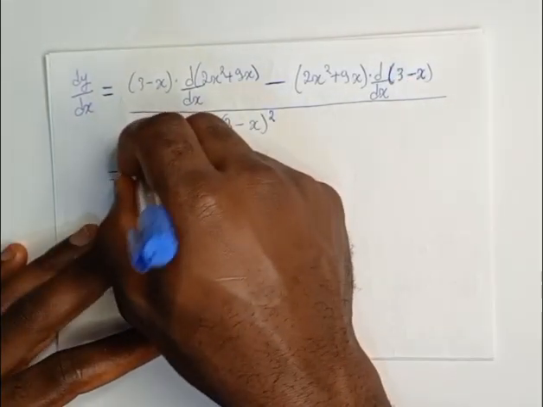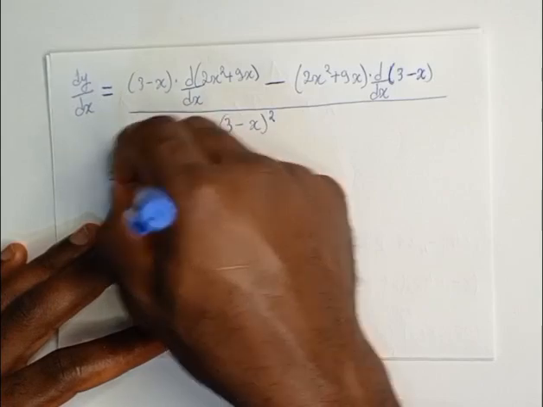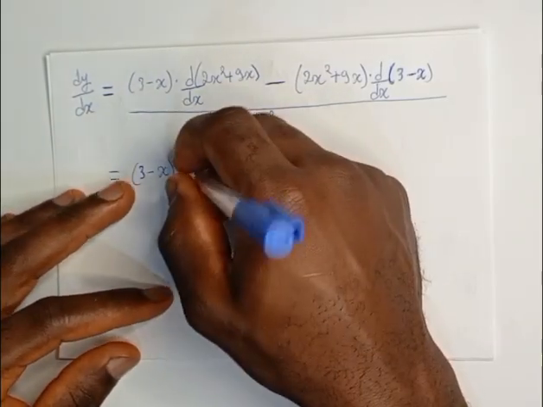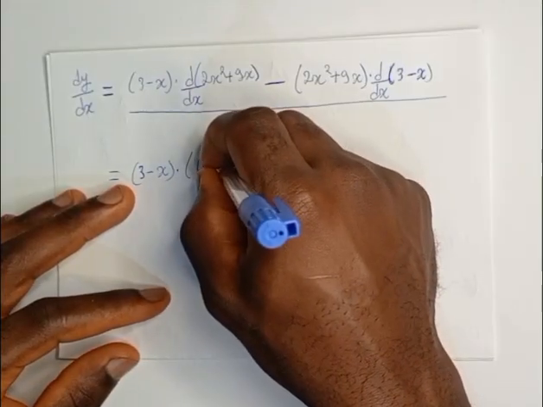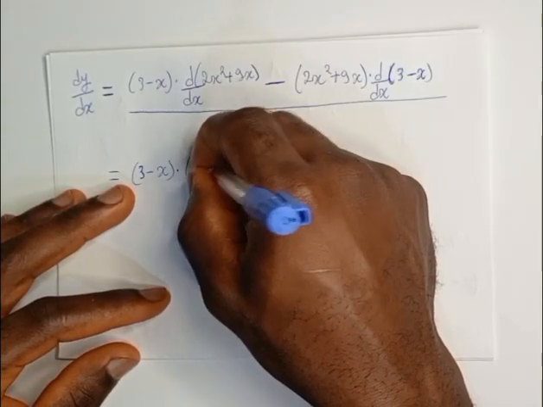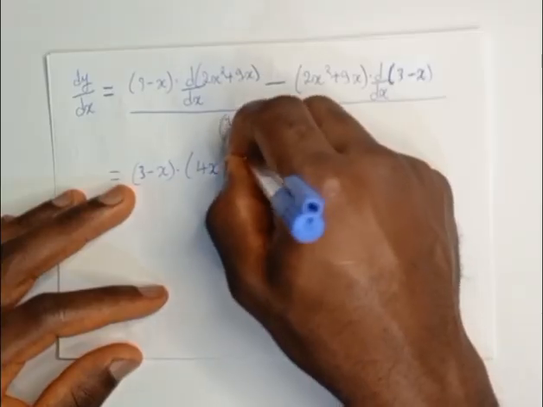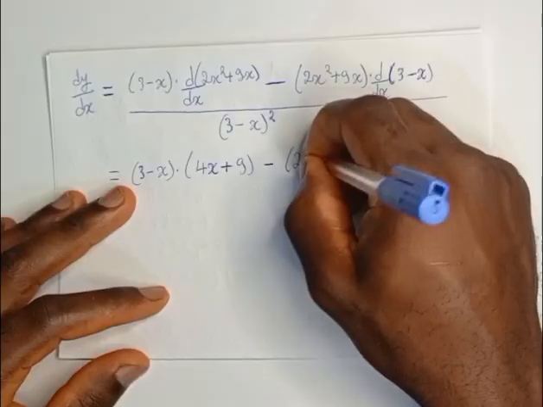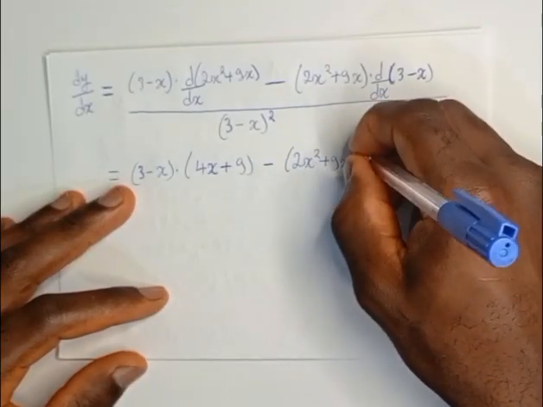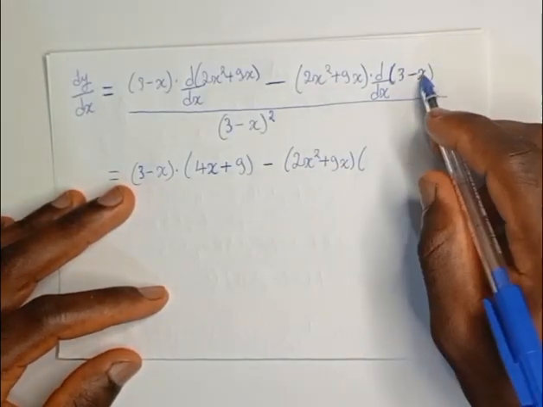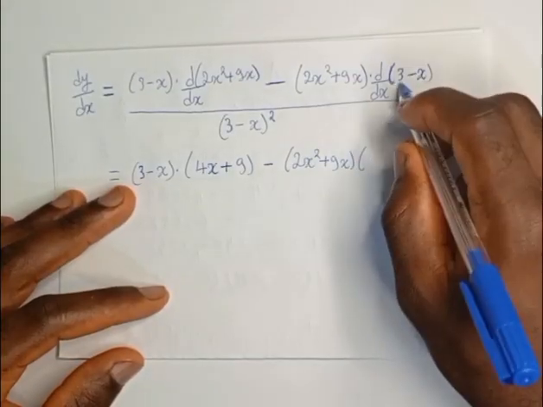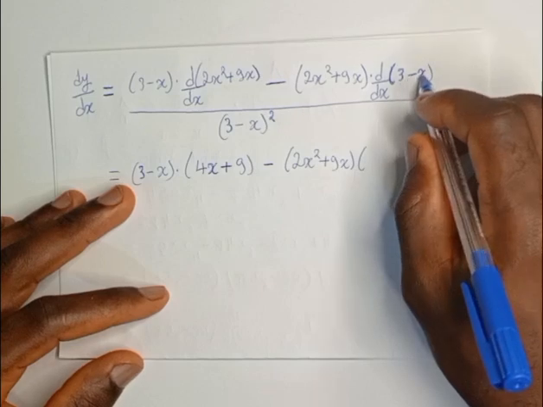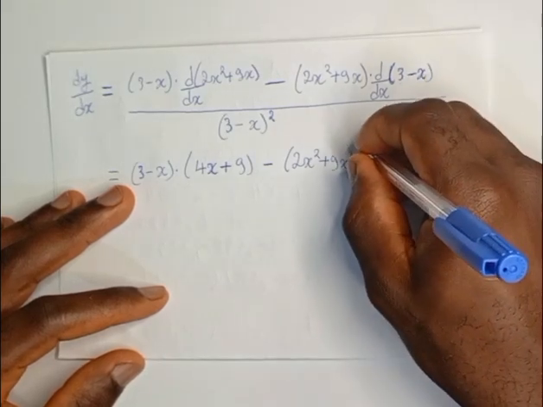This will simply be equal to 3 minus x times the derivative of 2x squared plus 9x, which gives us 4x plus 9, minus 2x squared plus 9x times the derivative of 3 minus x, which is simply the derivative of 3 gives us 0, minus the derivative of x, which is 1.